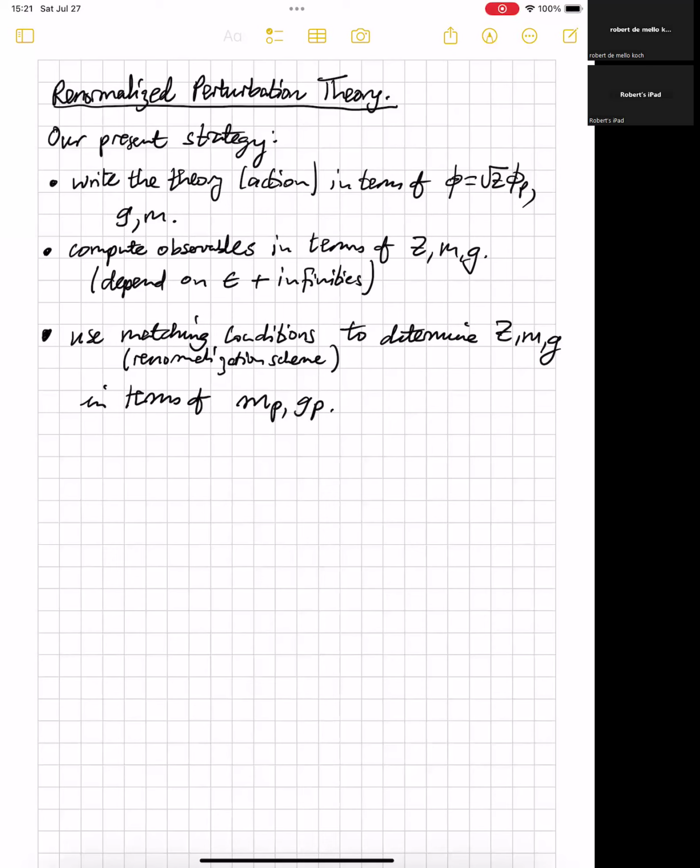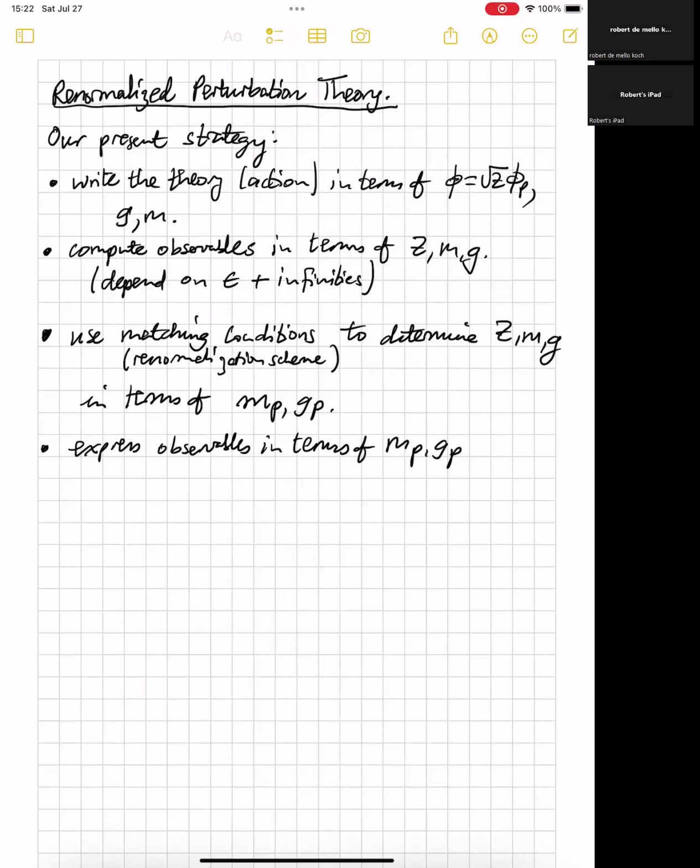Okay? And then now you've got Z, M, and G in terms of the physical mass and physical coupling. So you can express your observables in terms of the physical mass and the physical coupling.